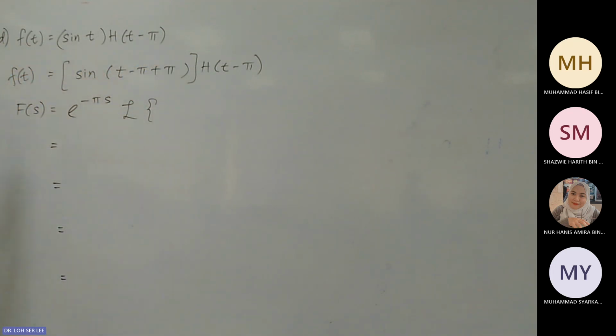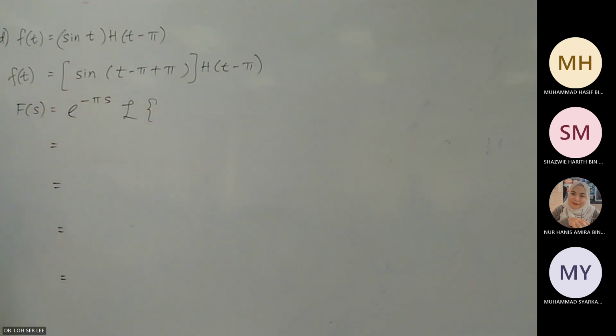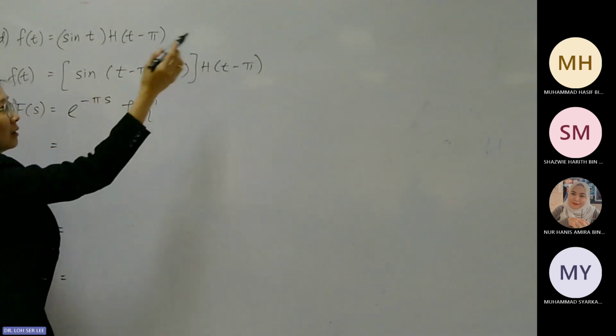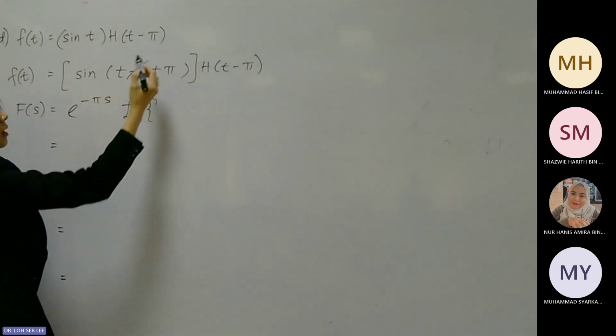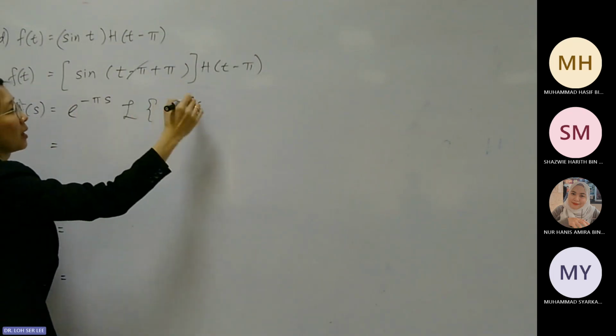I didn't write out the Laplace of this function, I go straight to the Laplace process. Once you take out the minus pi, this one is gone, so you have sine of t plus pi.